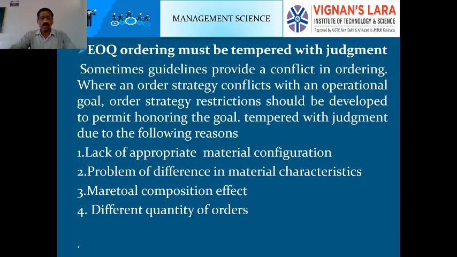For example, during this month, we make 5 orders. The same 5 orders we are not able to make in the next month. It may be low or it may be more. This is also one of the problems of tempering with judgment. That means lack of judgment while giving the orders.